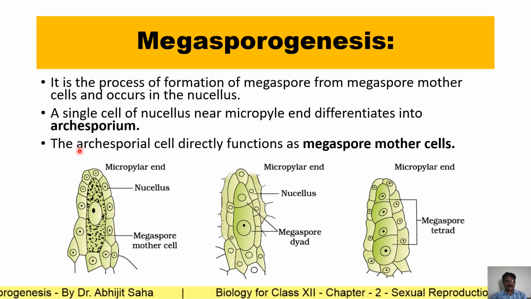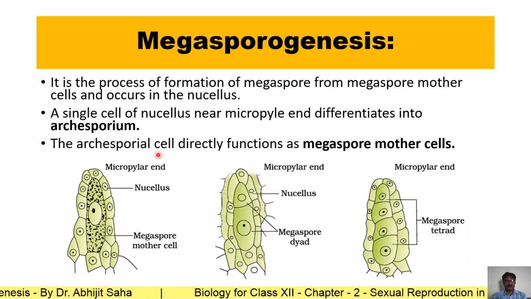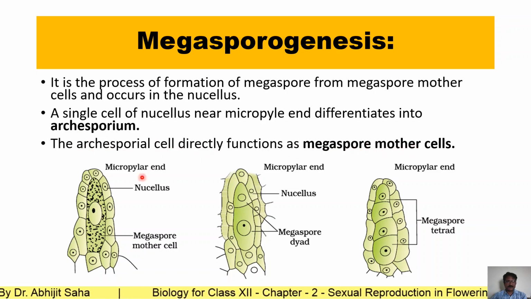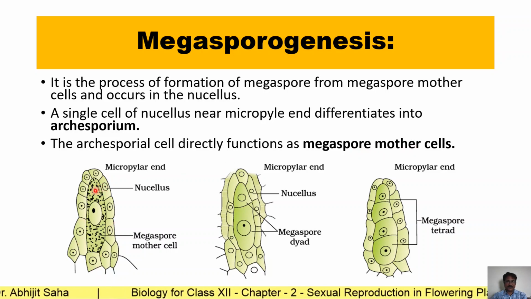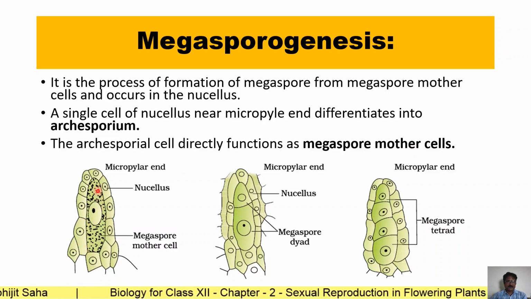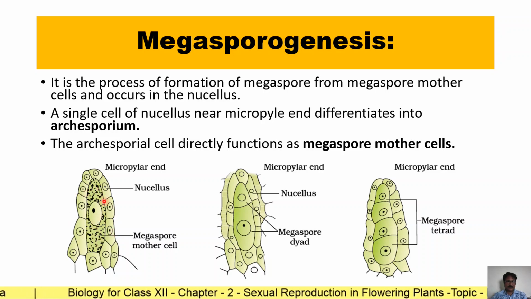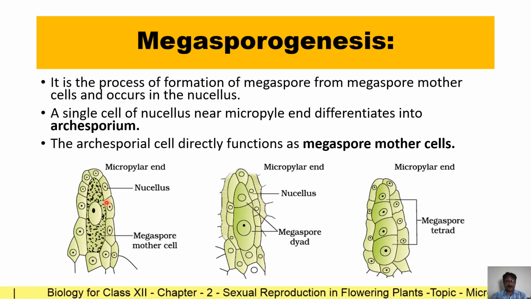Here, to restrict the number, the archisporial cell directly functions as the megaspore mother cell. You can see here what happens.